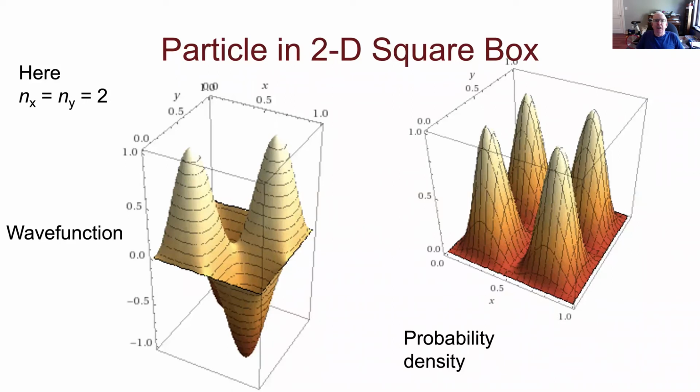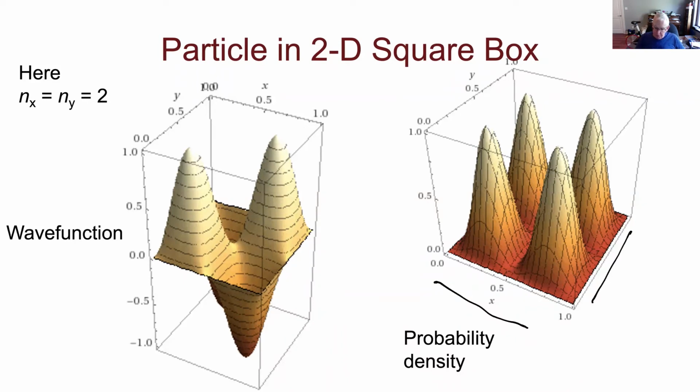And if I look at that, if I take a slice along here or slice along there, I will get something that looks like what we saw for the one-dimensional case, right? So this is with n equals 2, that says my probability function will have 2 maxima to it, right?